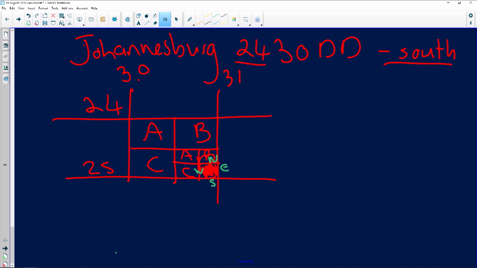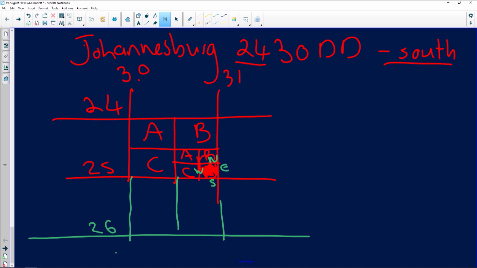Okay, so what's happening over here? Look what happened. We're extending down to a new latitude. So, what will we find south of Johannesburg? 25 degrees. It will still remain 30 degrees longitude. Okay, which block will it be? There's block A, block B, block C, and block D. Do you agree with me?